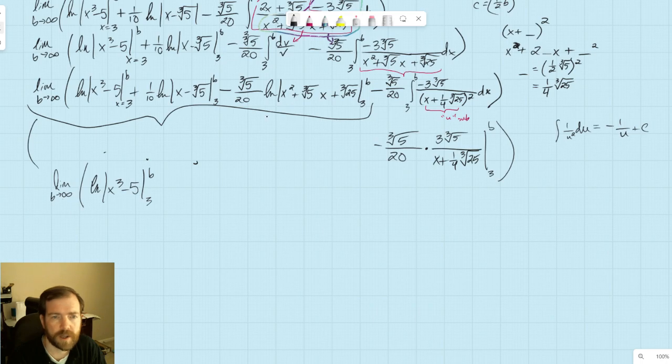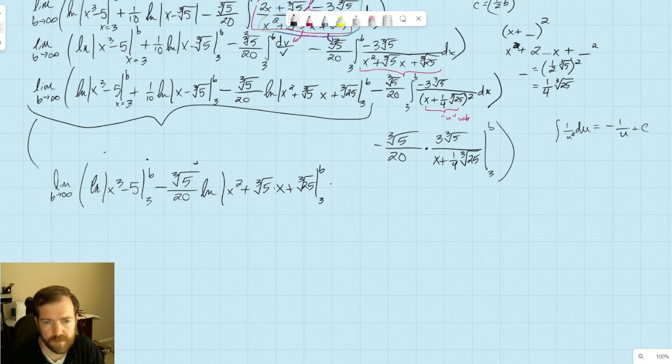Let's take the quadratic and move that a little bit up front. So minus cube root of 5 over 20 times the natural log, absolute value, x squared plus cube root of 5 times x plus cube root of 25 from 3 to b.